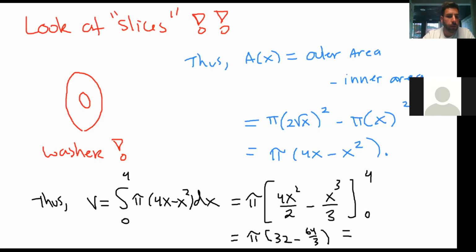And then after your second grade math exercise, what you end up getting is 32/3, I think. And so the volume of this shape is 32/3 times pi, provided we didn't make any error.